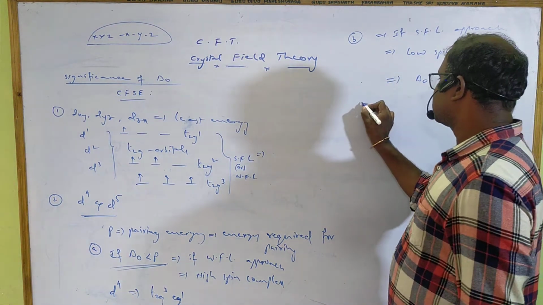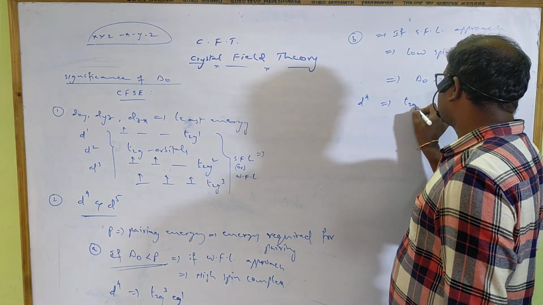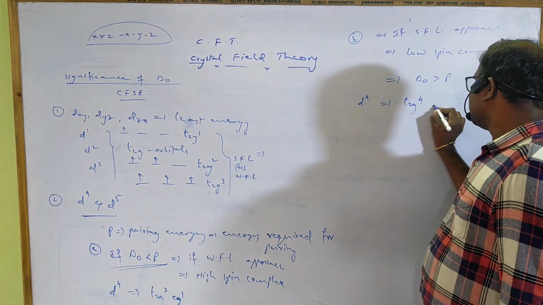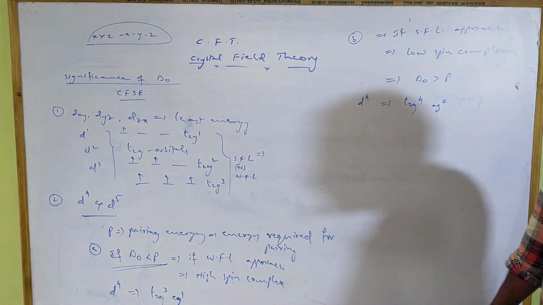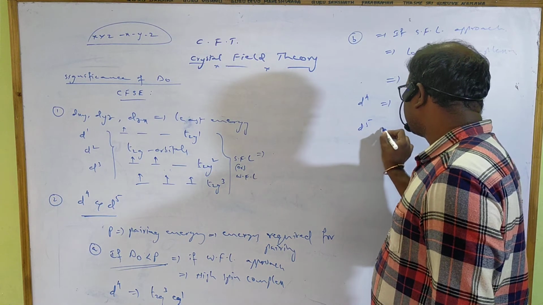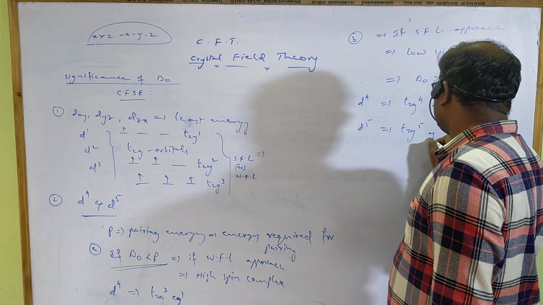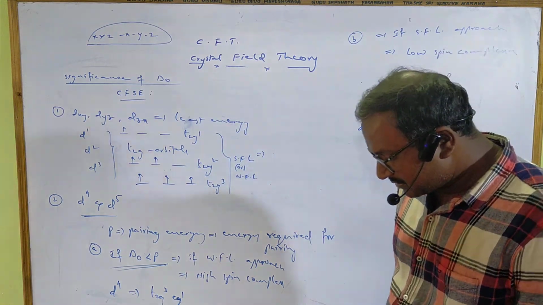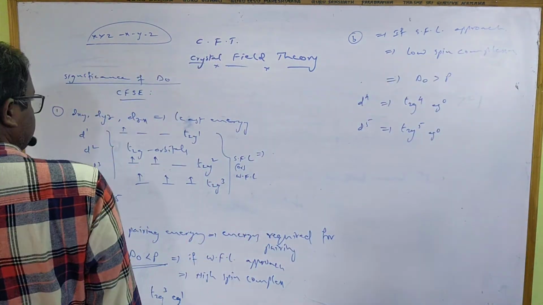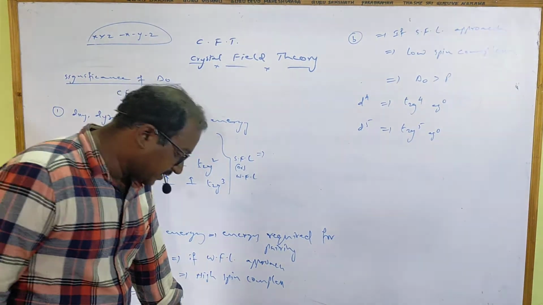In that case, the d4 configuration becomes t2g4 eg0, and for d5, t2g5 eg0. So like this the configuration appears in case of strong field ligands for d4, d5.